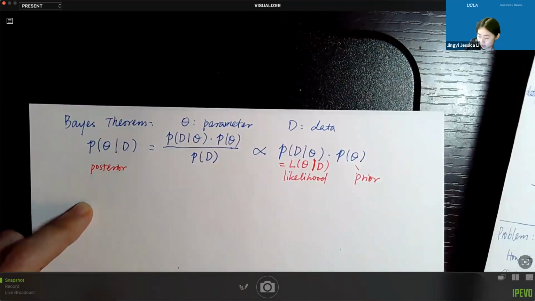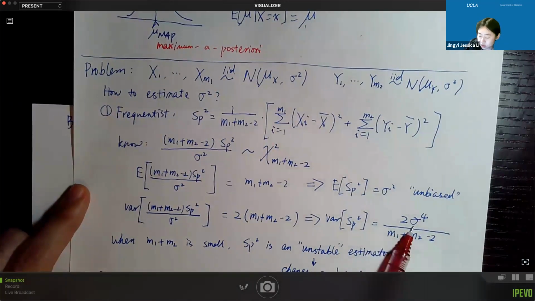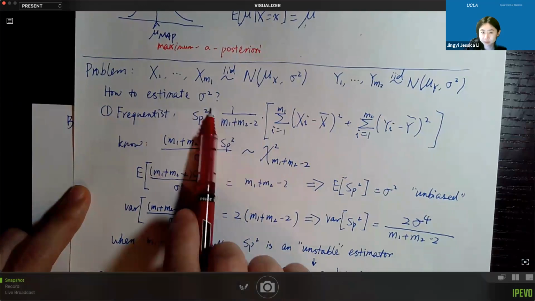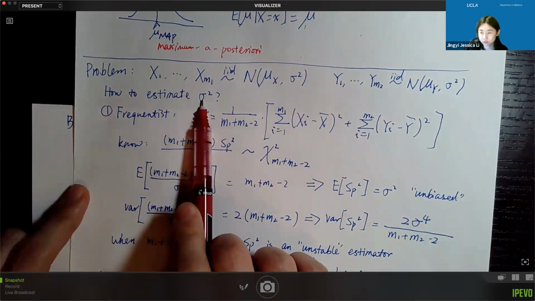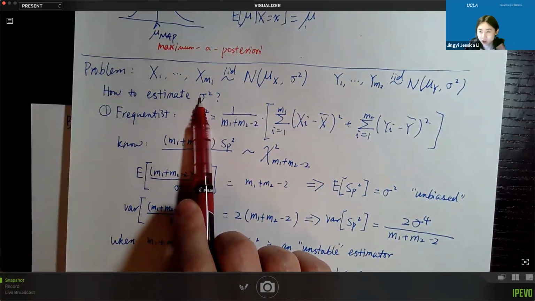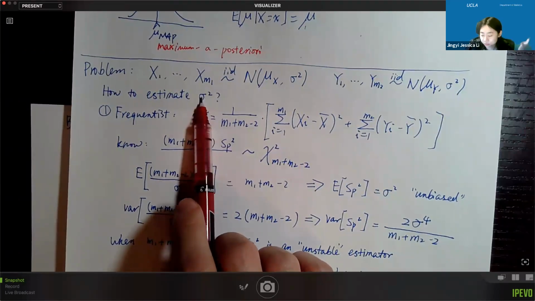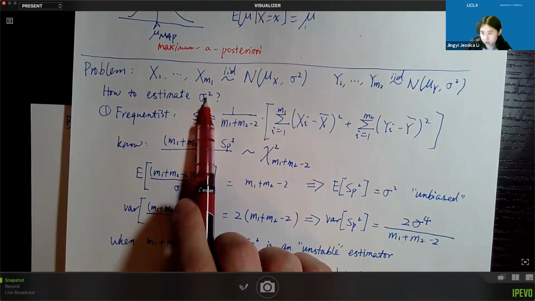For example, coming back to our example here, the prior may be how the value of sigma squared is distributed. You can assume, okay, I know it's about 1, slightly deviated from 1, then I can probably assume a prior on sigma squared with a large probability density on 1 with some small standard deviation. That's something you could assume.